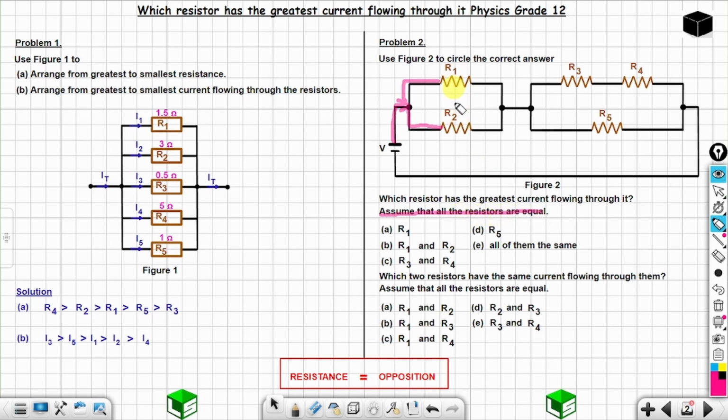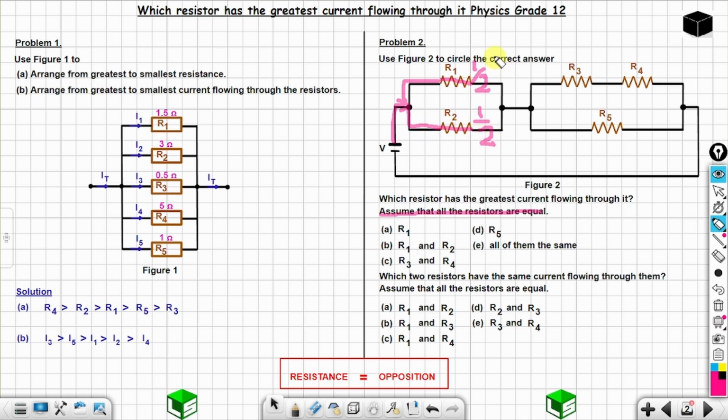Because the resistors are equal, the current coming from the battery will split or divide equally. So half of the current will flow through this branch, another half will flow through this branch.